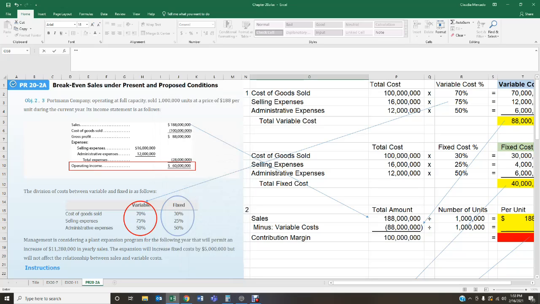I don't remember. 11 million. So we have to calculate our variable costs. Oh, I got it. Okay, I found it. So they're giving us this new number here.